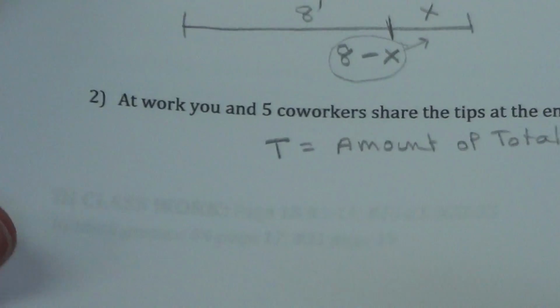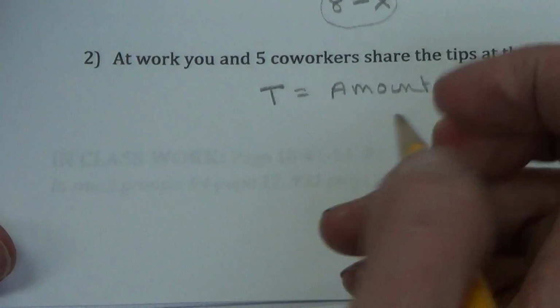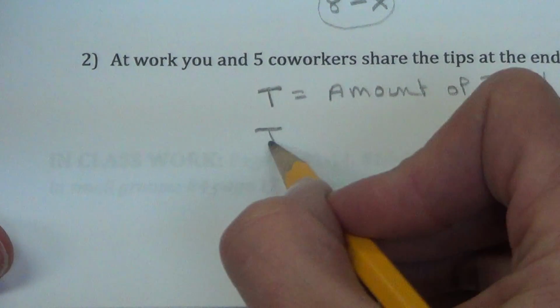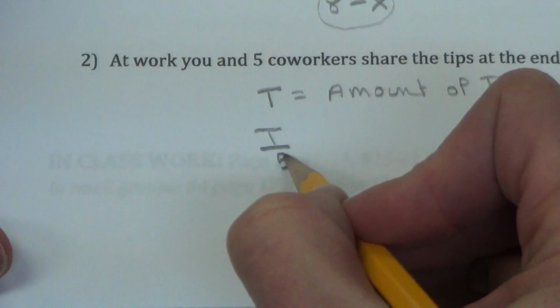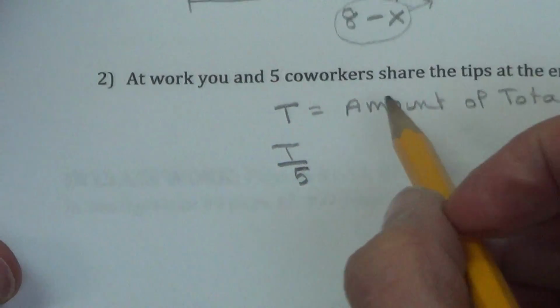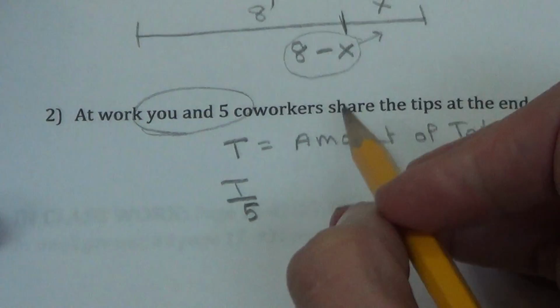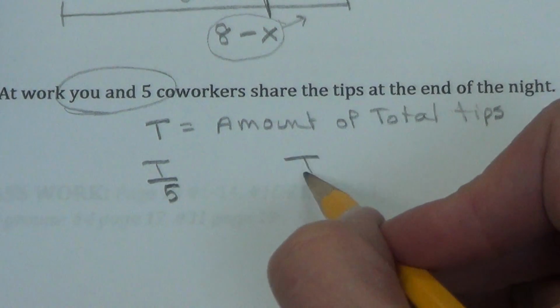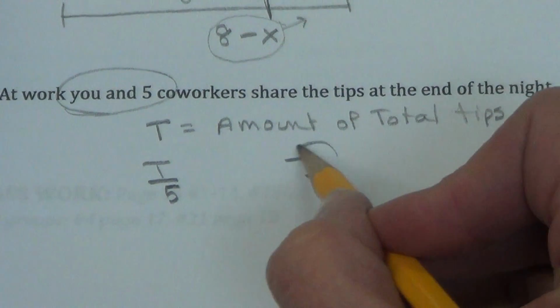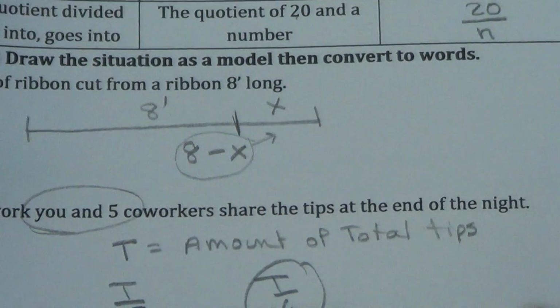Now, if you were going to say, oh, this would be easy, you just take T divided by 5, you're missing one little detail. How many people are involved here? It should be T divided by 6. Nice job.